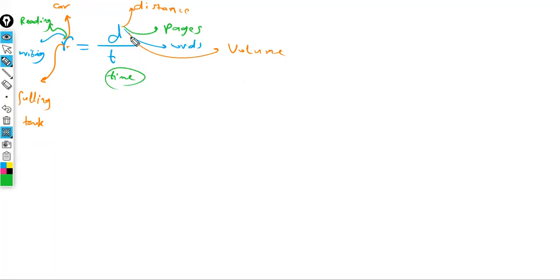So actually this form, we can write it in 3 different forms. The second one, if we need to find the D, the distance or the pages or the words or the volume or the number of units produced, we can multiply the rate by time.